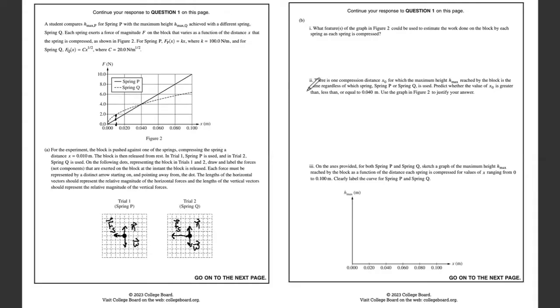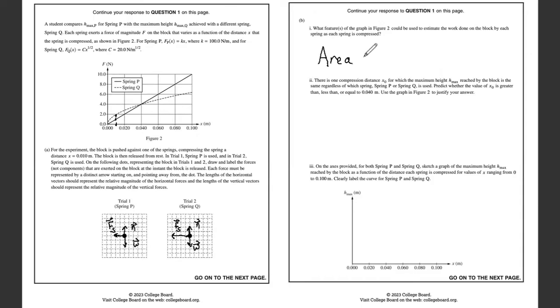graph. All right. Now, if we go ahead and take a look at part B, it is asking us which features of the graph could be used to estimate the work done by each spring as they are compressed. And it's just going to be the area. So the area of a force graph gives us the work done.